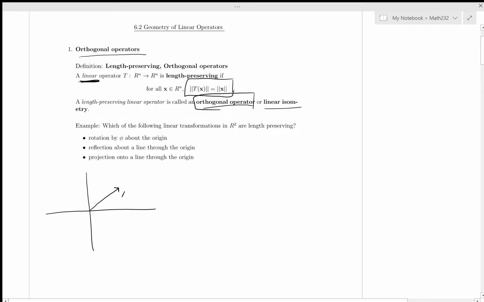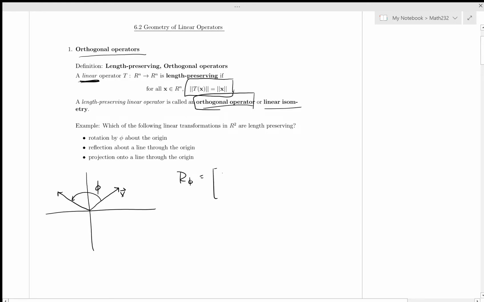Here's a vector x. Now I imagine I rotate that vector by some angle phi. And then the vector is over here, rotated by phi. Does that change the length? No, it does not. I just took it and rotated it. I'm just going to remind you of the standard matrix of rotation by an angle phi.